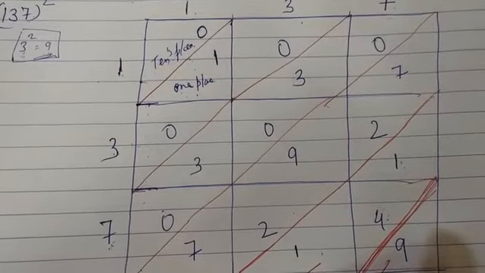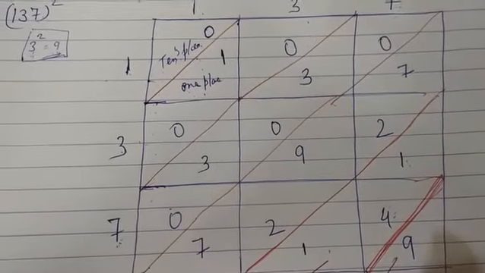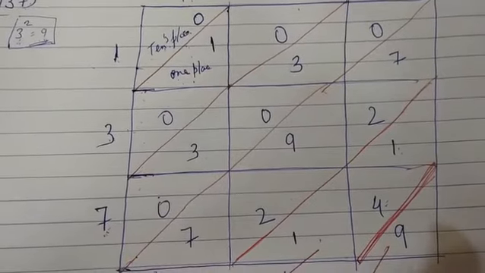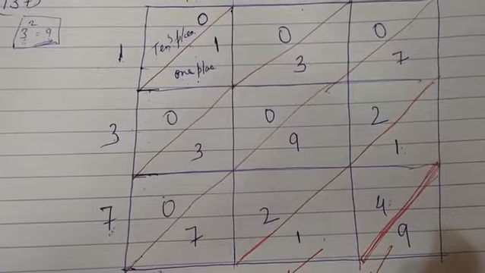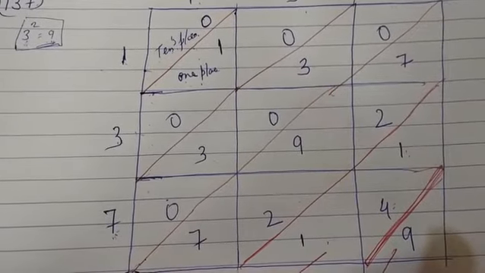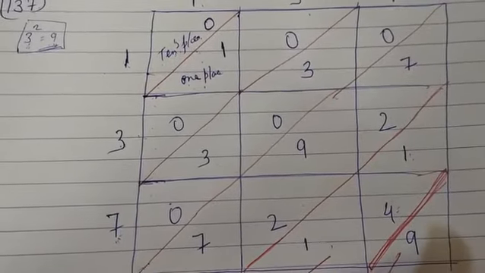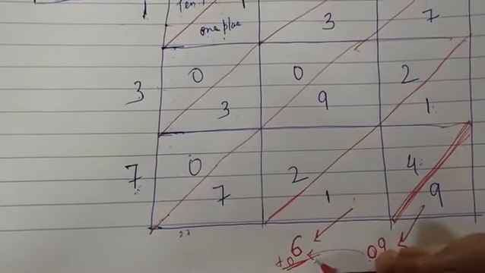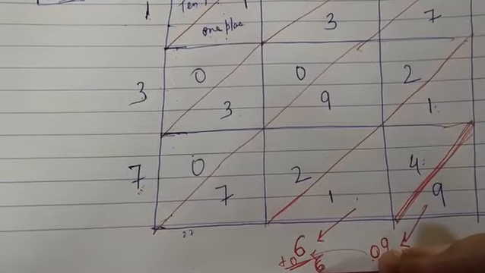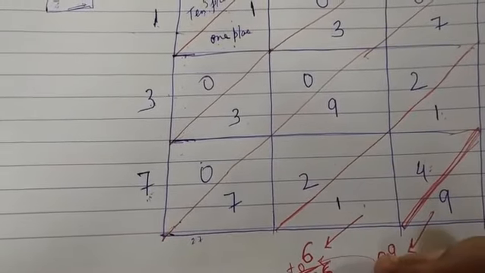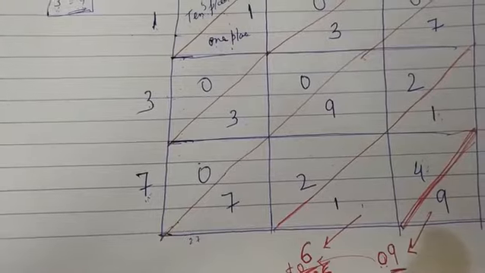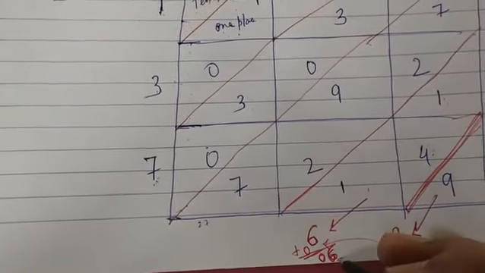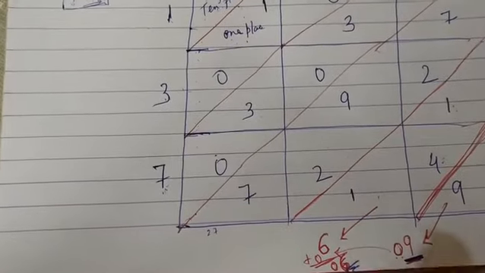Nothing is there in the tens place in the first diagonal, so we write 0. So 0 will carry over to the next diagonal: 6 plus 0, that is 6. Again here we have written 0, and we have underlined the ones place.